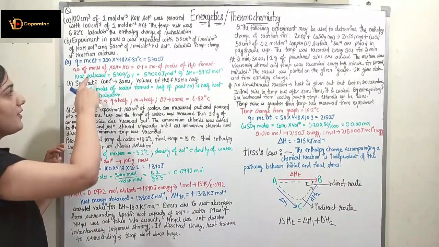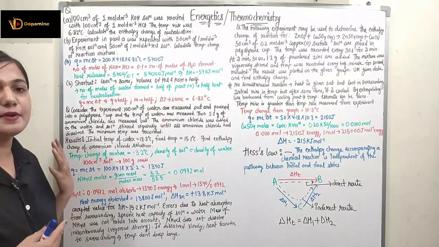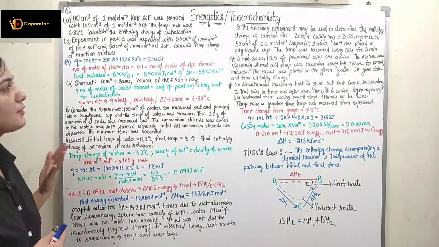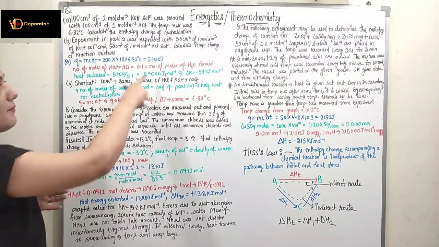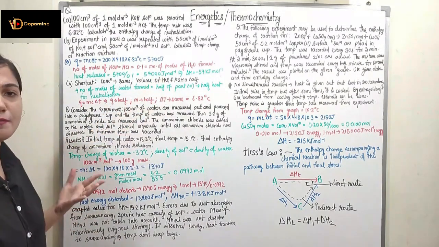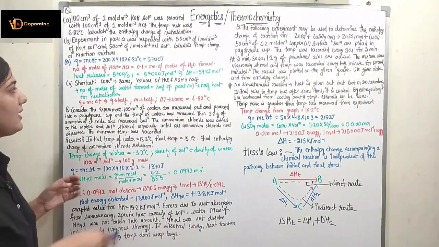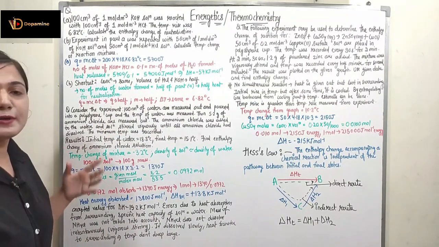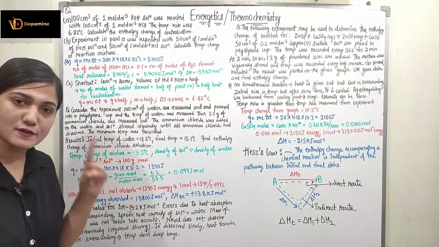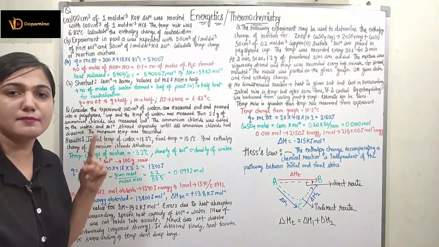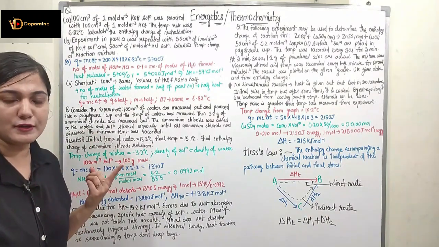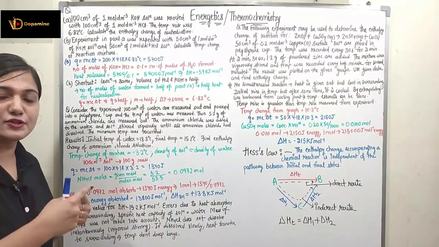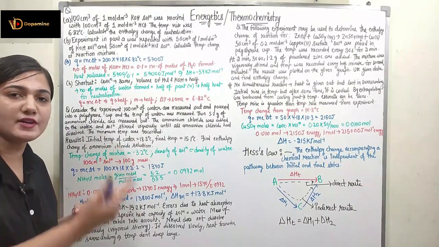Now I know the number of moles of KOH and the number of moles of HCl is equal to 0.1, and the number of moles of H2O formed will be equal to 0.1 only. So heat released will be 5700 joule for 0.1 mole of H2O produced.